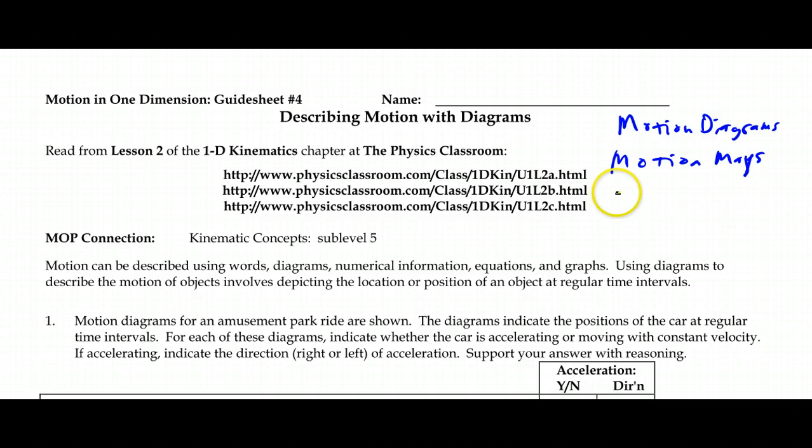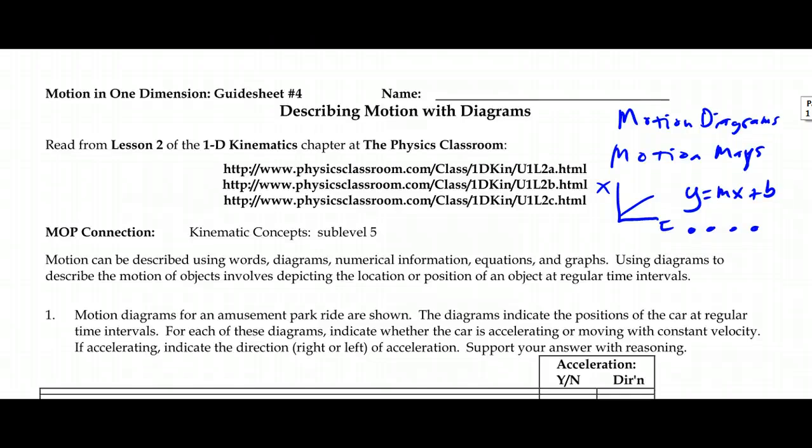One way is to graph that motion. We might graph position versus time and look for the shape of the graph, which way it's headed, the slope, different data. We can use an equation, like if it is linear, it might be y equals mx plus b as a generic form. Or we can track the location in some kind of picture format. That's what we mean by the motion diagrams.